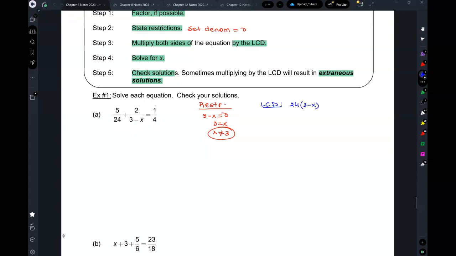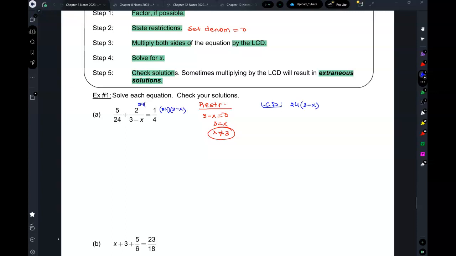Now, I need to multiply. Are you taking notes? I need to multiply every single term by the LCD. So multiply both sides of this equation by the LCD. So we're going to multiply every single term here by the LCD. So here, 24 times 3 minus x.